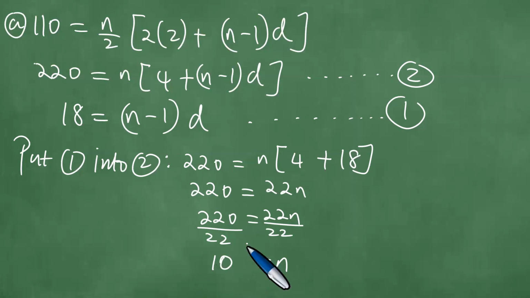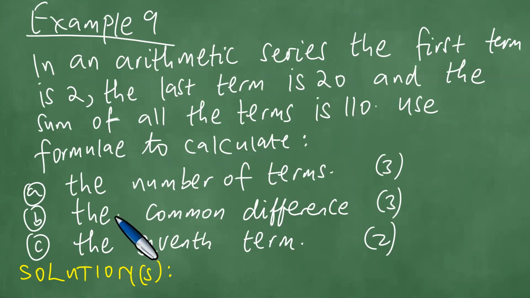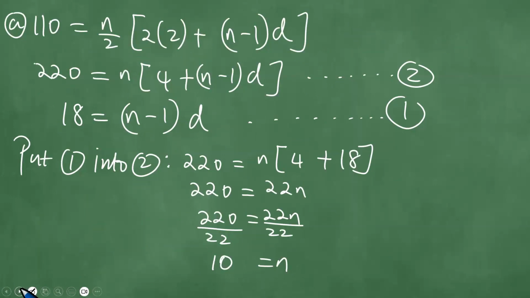So we got that n is 10. When we're interested in the number of terms, we've already got that the number of terms is 10.